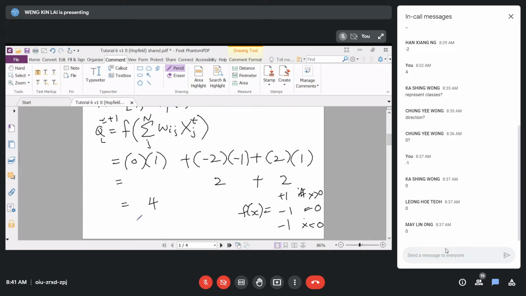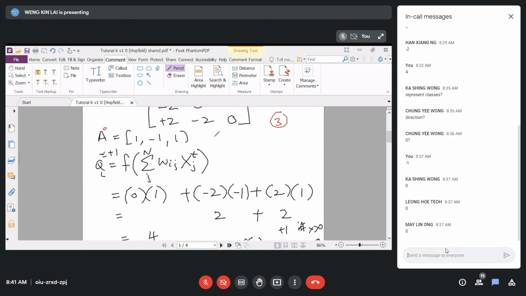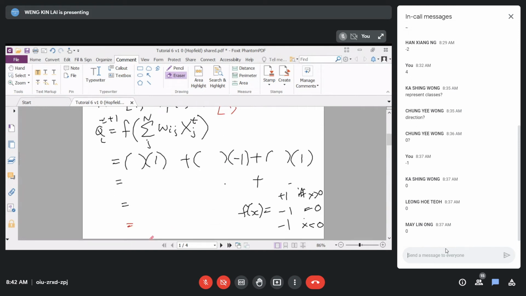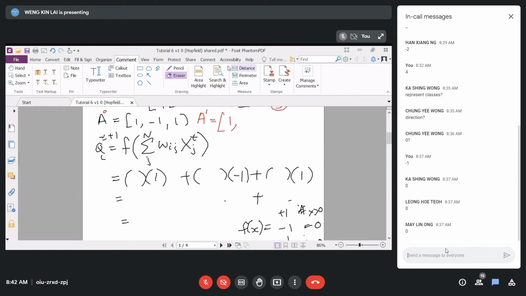So back to here. Now it's 4. What do I get? I get a 1, right? So now at the next time step, I get a 1 here. Okay. Then I can also do the next one. Next one, I change the weights. What do I have here?